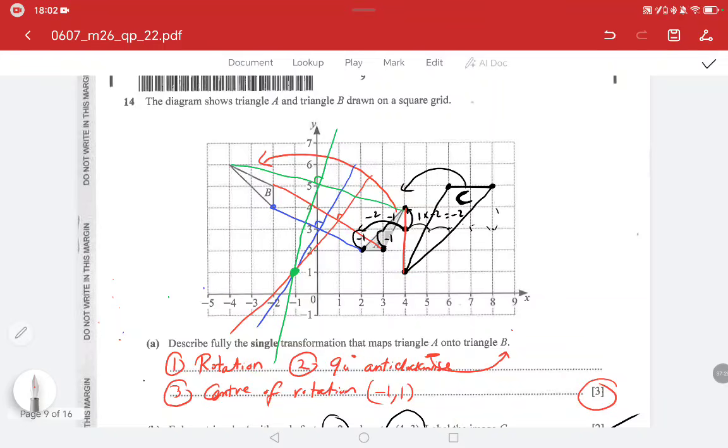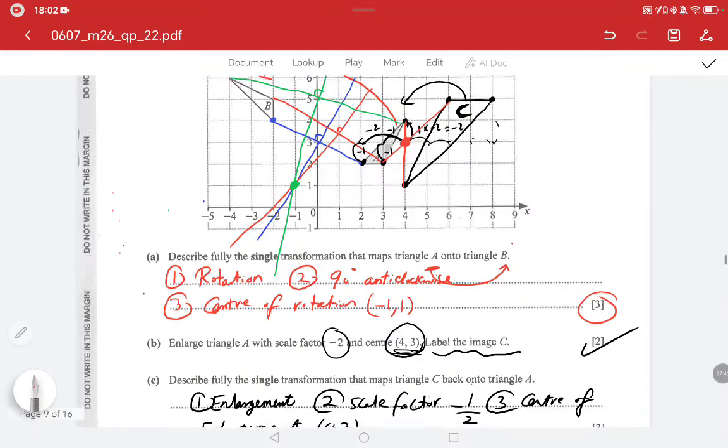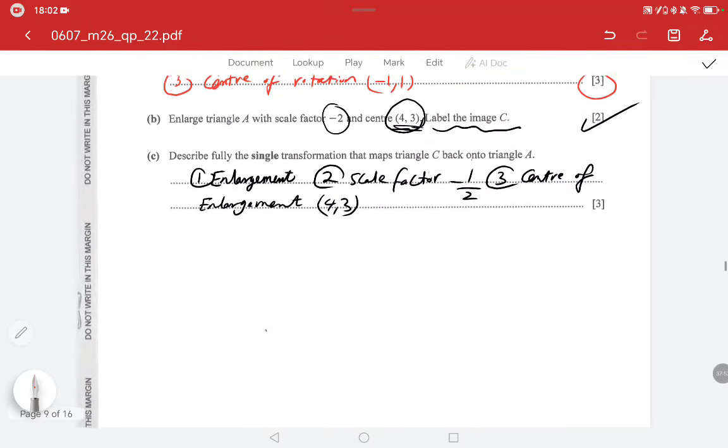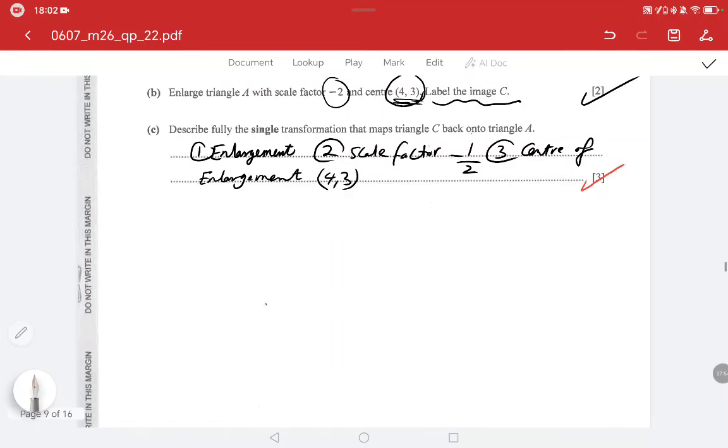So if you connect the same vertices, both of them, they will intersect at the same point, like here, this point. So just take care about this. When you make intersection, you'll find that all of them it's here, which is 4, 3. So if you have this question in a different shape in exam, just connect the same vertices, you will find that they intersect at one single point. This is the center of enlargement, 3 points.